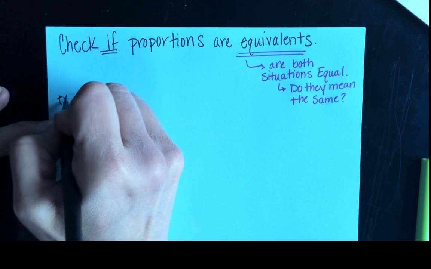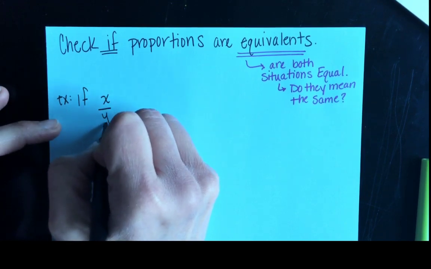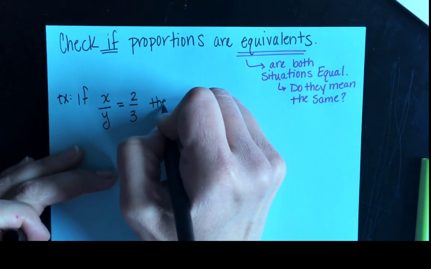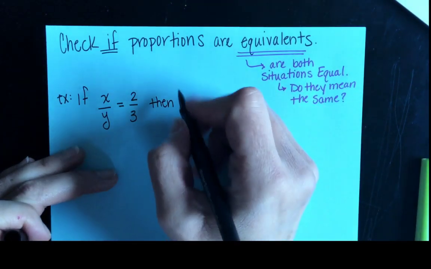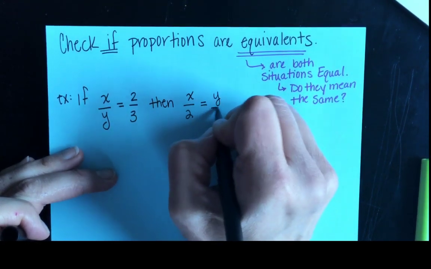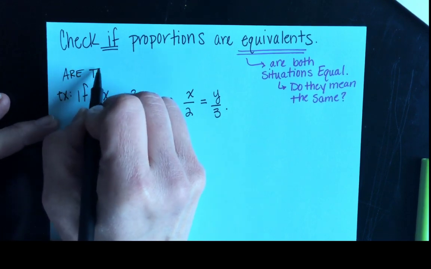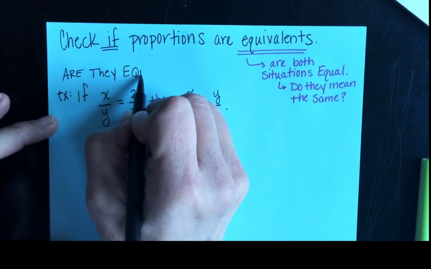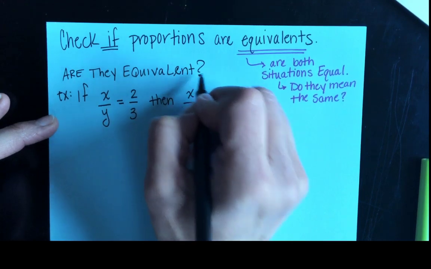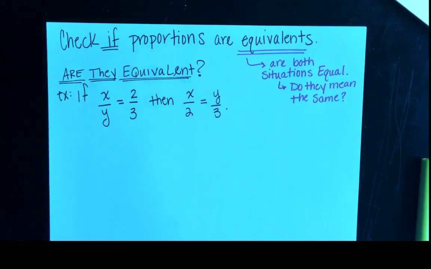So the way the question is going to be phrased is it's going to simply say, if x over y is equal to 2 over 3, then x over 2 is equal to y over 3. And the question is, are they equivalent? And that's all you're going to be asked, is if they are the same.